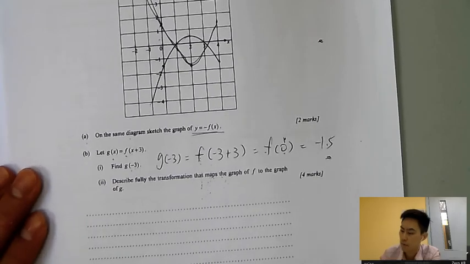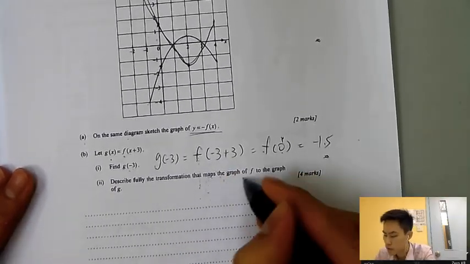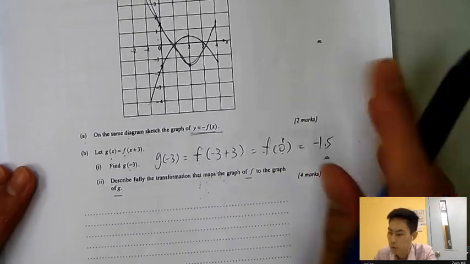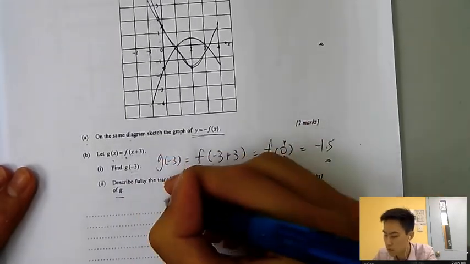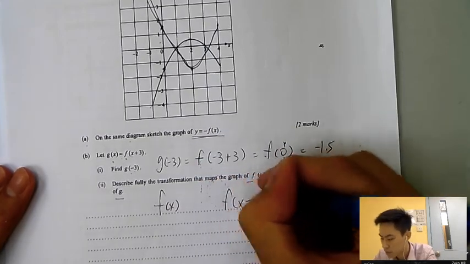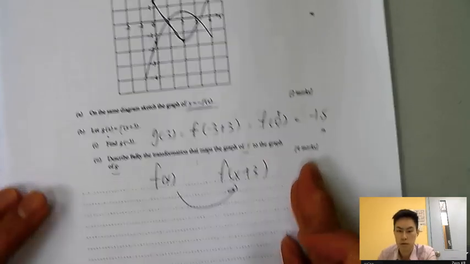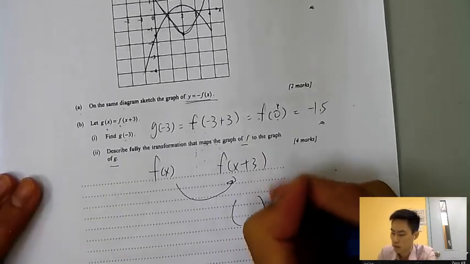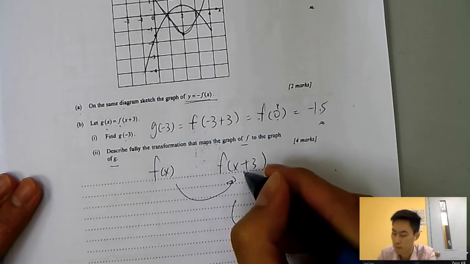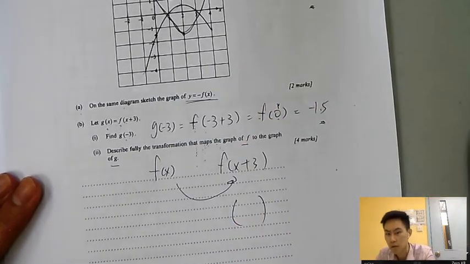Describe fully the transformation that maps the graph of f to the graph of g. So from f(x) to g(x). I know that f is just f(x), but g(x) is f(x) plus 3. So what's the transformation? Plus 3. It means it goes left or right?